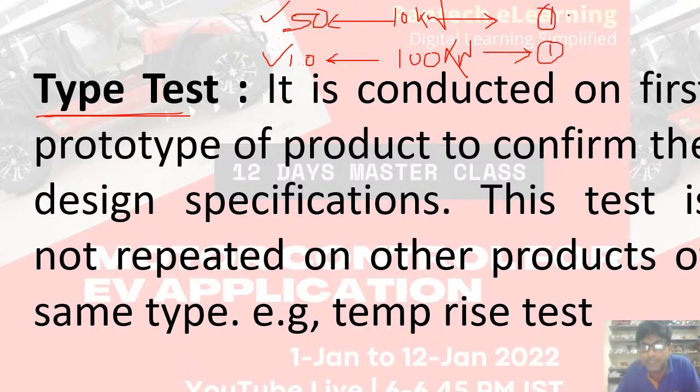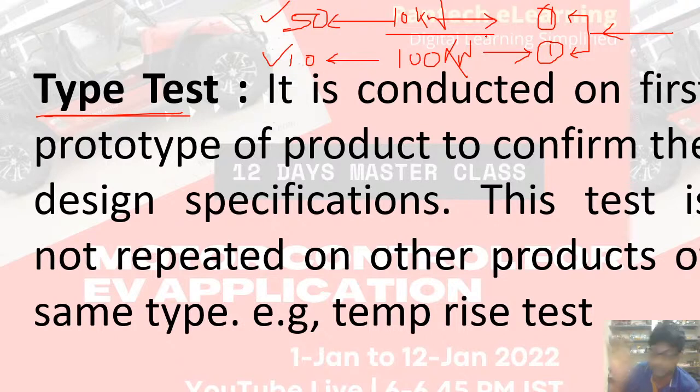And a few of the tests are decided by the understanding between the manufacturer and the purchaser. Sometimes some type tests are destructive, that means they may deteriorate the life of the machine. So sometimes the type tested machines are not accepted.